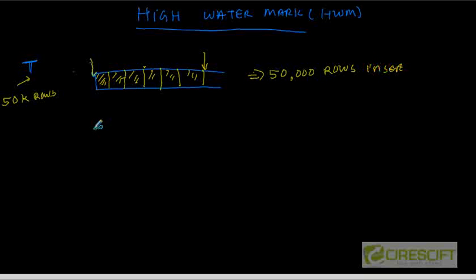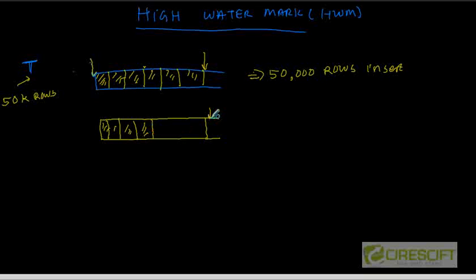After that, let's say I delete 25,000 rows. This is our scenario where this is the pointer, so we have filled data up to this point. Whenever we delete 25,000 rows, these blocks are filled and these are empty.